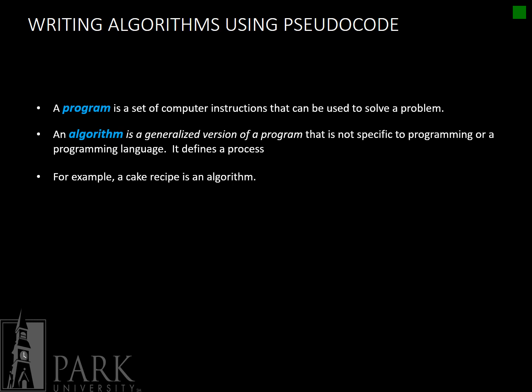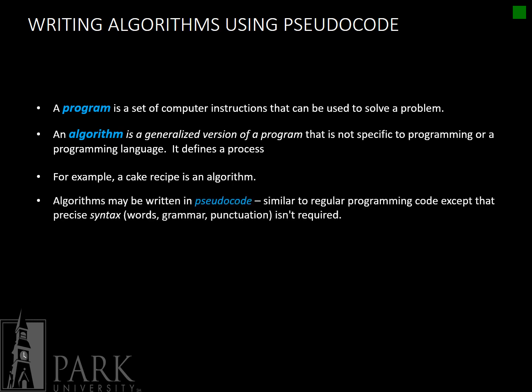For example, a cake recipe is an algorithm, right? A recipe is nothing more than a series of steps that you take to solve a problem. In this case, your problem is, I want to make a cake. How do you make a cake? Well, here's the instructions for making a cake, right? That's your algorithm.